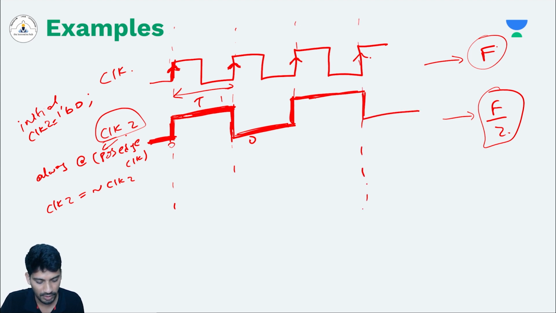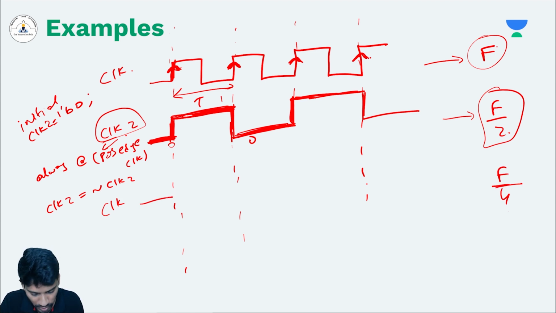This is one way. The other way is using a counter method, right? You can count how many positive edges appear. Let's say I want to create a clock of f by 4 frequency.